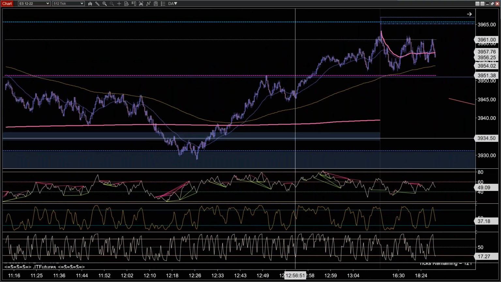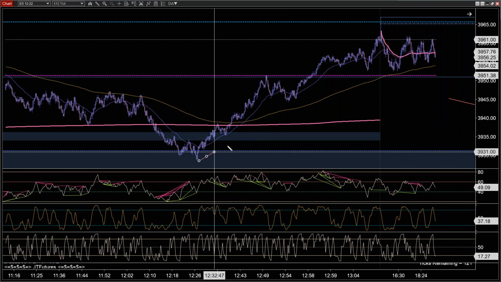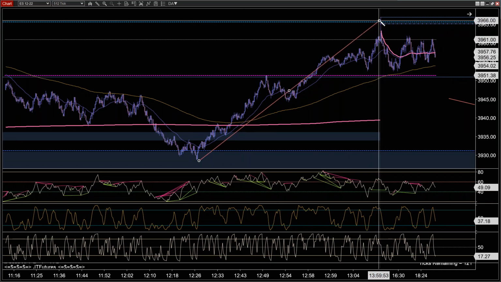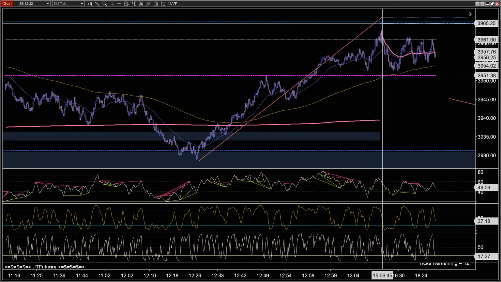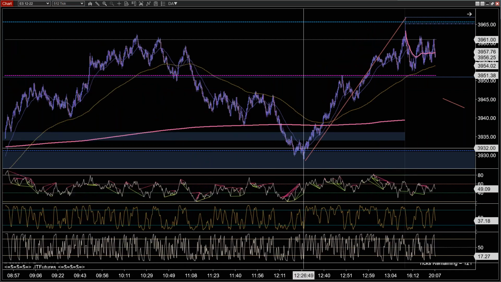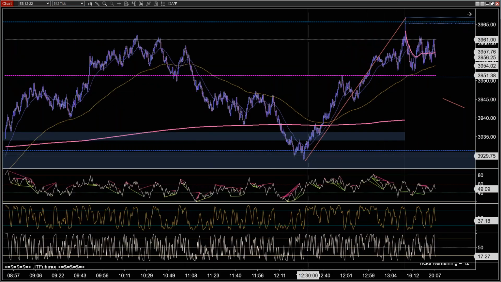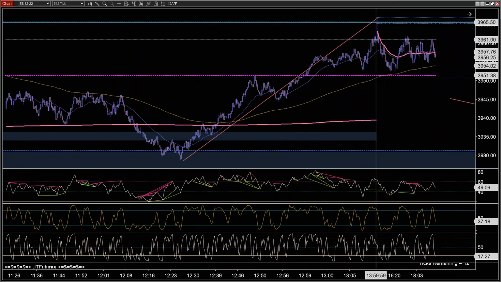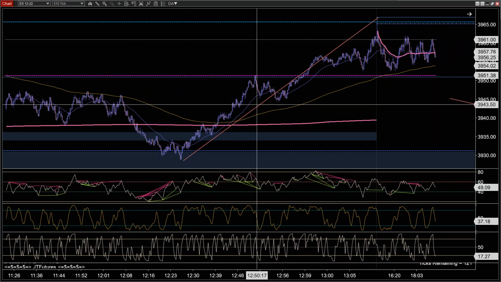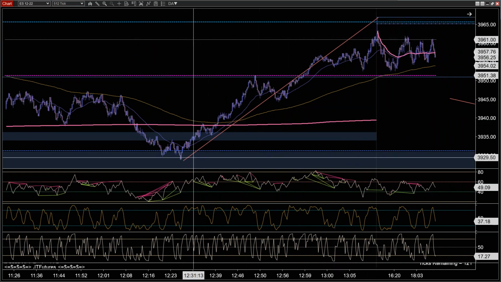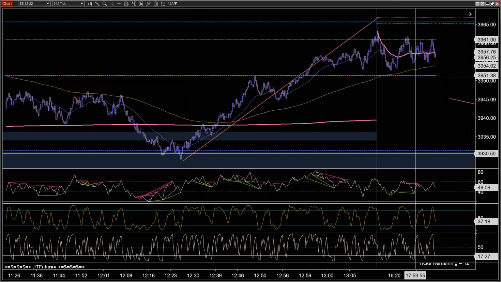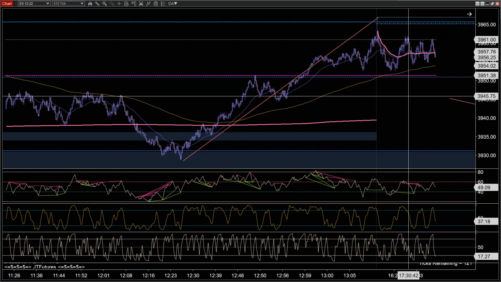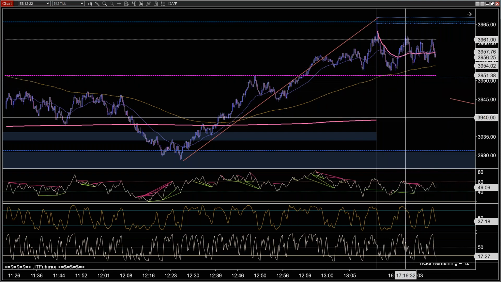So we had this nice push from down here all the way up, and then going right into the beginning of Globex, there was a pop right up to there. And we had a nice leg up from the afternoon low from the day before all the way up to the high at the beginning of Globex. I'm defining this as a Fibonacci leg that I would then want to look at retracement levels for as the market, or if the market was to begin pulling back, for me to find entries.